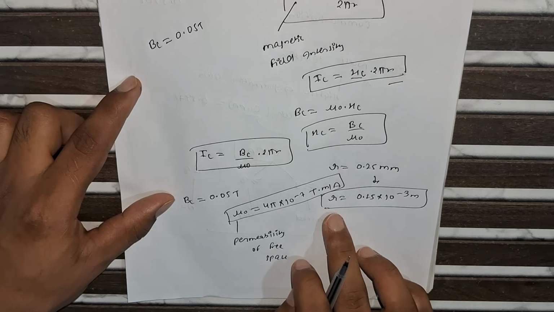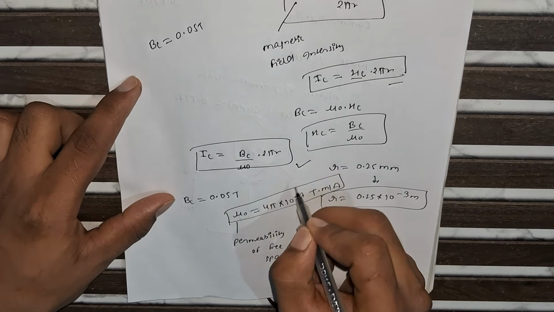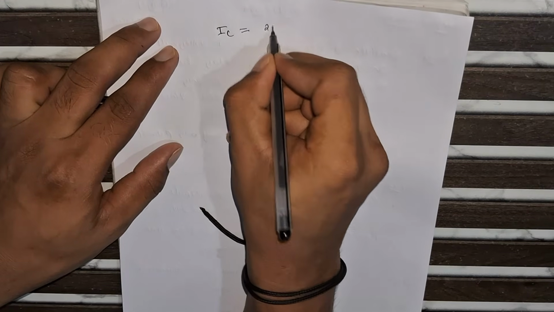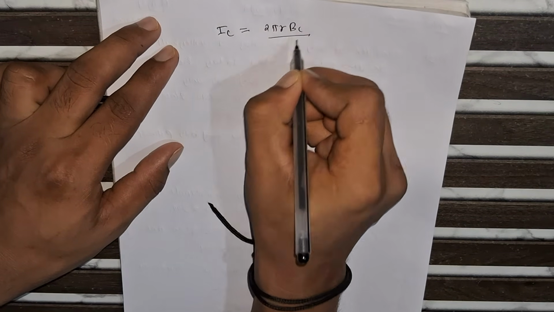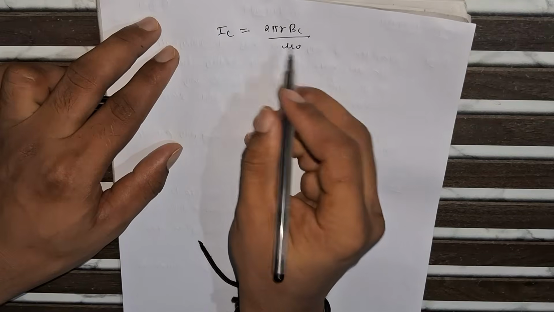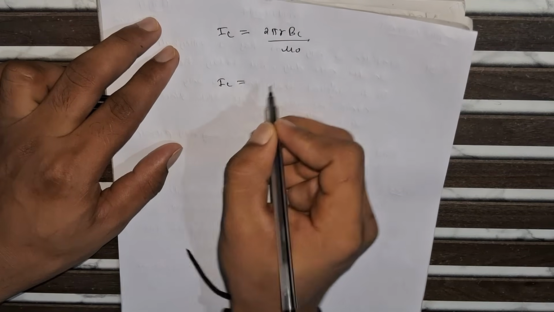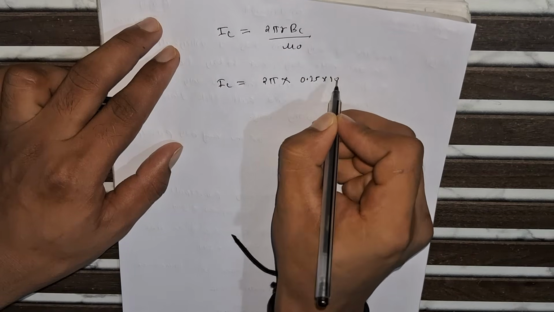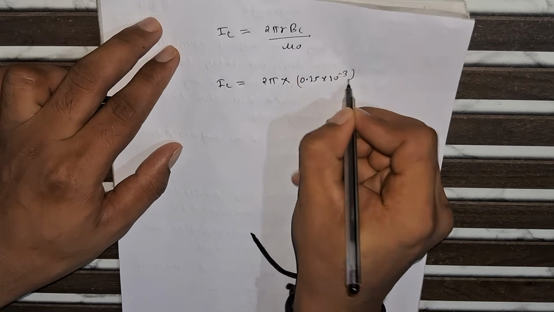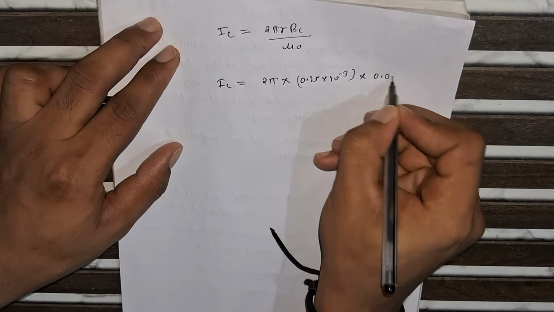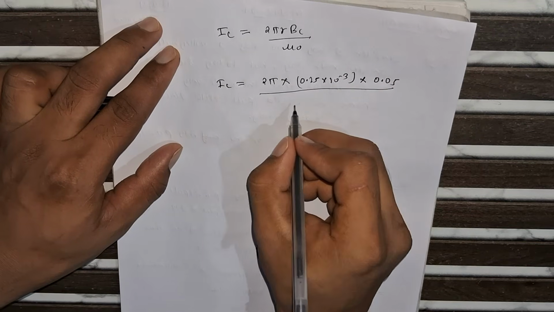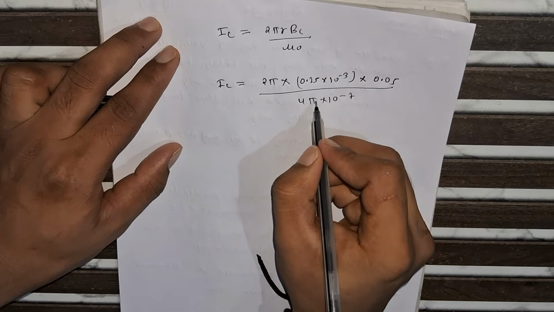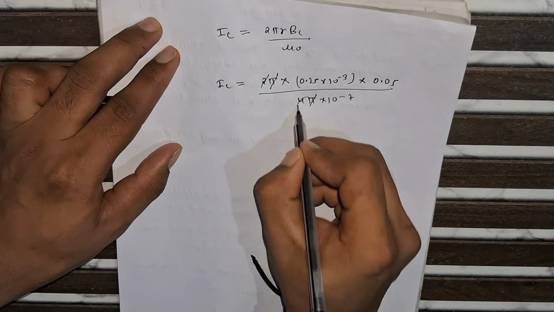So now put all the values in this formula to get the critical current. So our critical current formula becomes 2 pi r Bc by mu naught. Now put all the values in this formula. So critical current equals 2 pi, r value is 0.25 into 10 to the power minus 3, and our Bc value is 0.05 divided by, this value is 4 pi into 10 to the power minus 7. So here pi cancels out, and this cancels out 2 times.